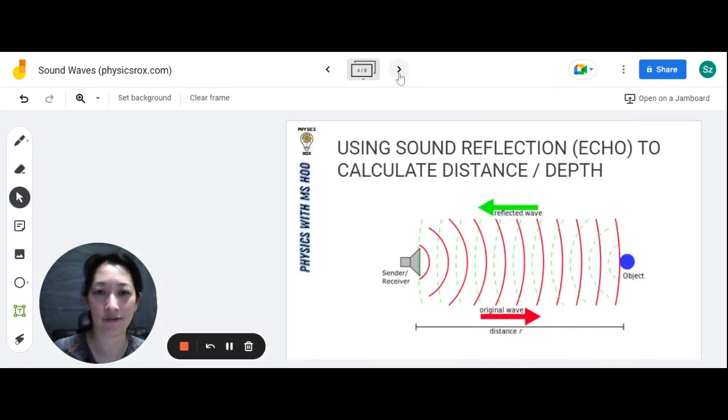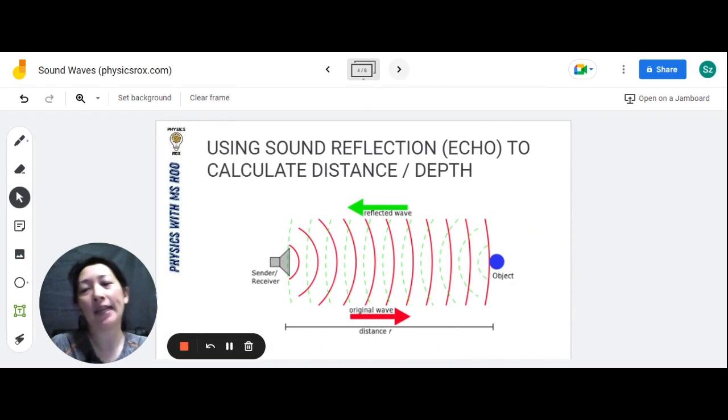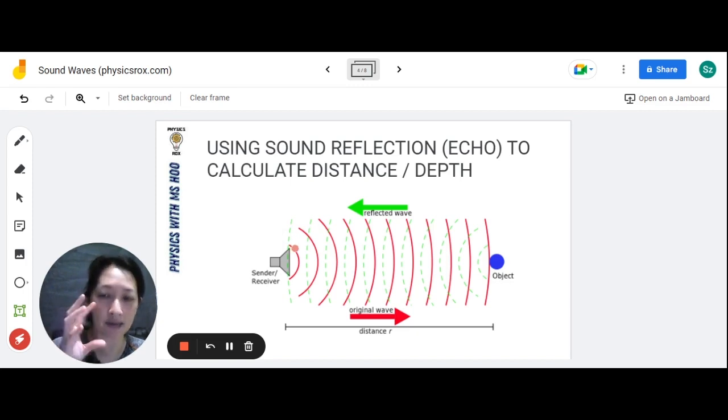Now, you also come across questions which involve sound reflection to calculate distance or depth. How it works is this. The device that's normally used to determine distance or depth using sound reflection needs a sender and receiver. The sender will send out the sound wave.